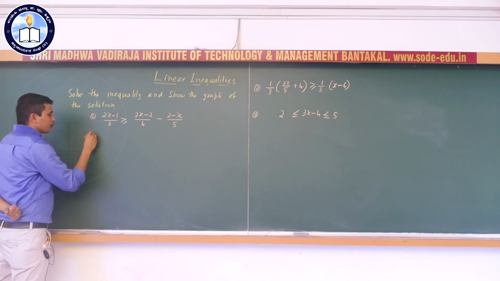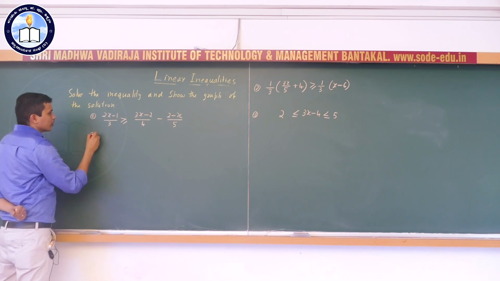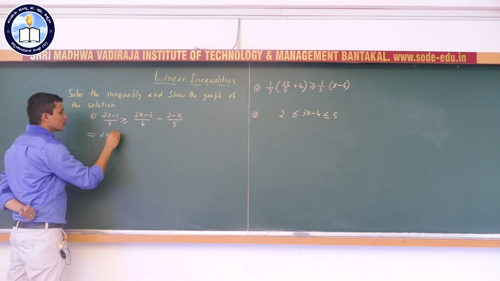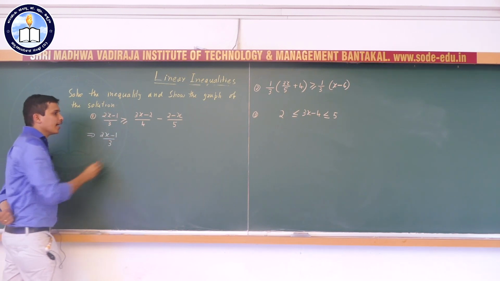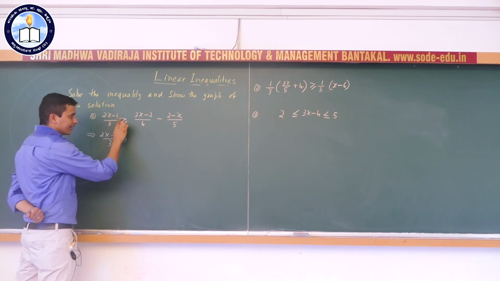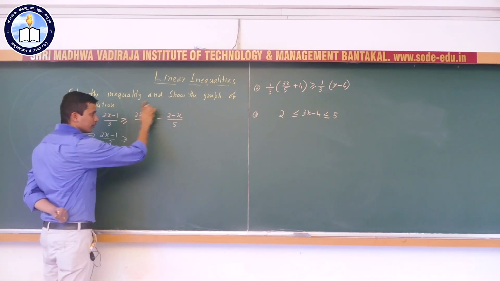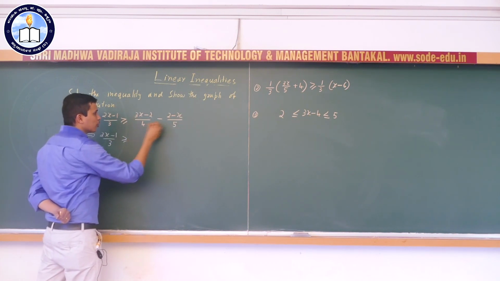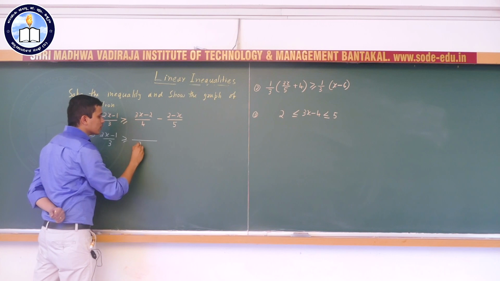Once again, you need to simplify it, right? So in that simplification part, it is (2x minus 1) divided by 3 on the left hand side. On the right side, I'm not going to cross that inequality yet. I'm just simplifying here, I can do anything as usual. So here I'm going to take the common denominator, so it is 20.